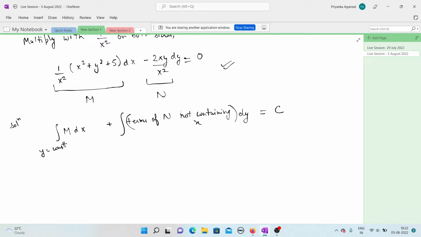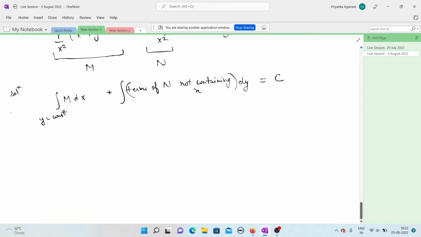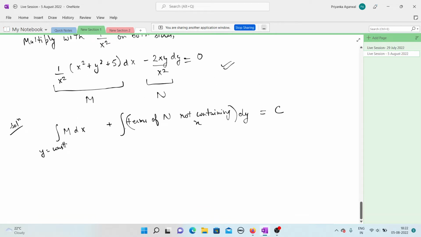Right, let's do it. This will become the integral of (1 by x square plus y square plus 5) dx, minus the integral of 2y over x dy, equals some constant.